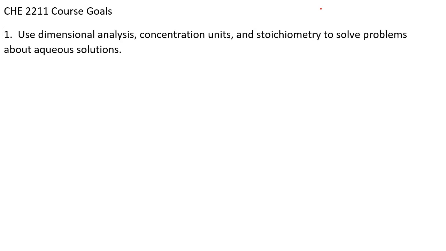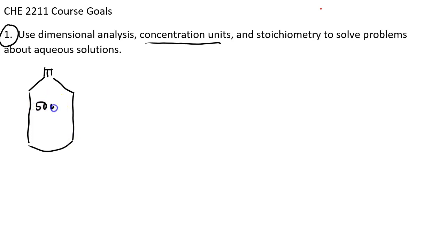Hi everyone, we're going to do another problem on weight percent, which again is related to our first course goal, especially because it is a concentration unit. Now, can you imagine having a stock solution that contained 50 weight percent sodium hydroxide, and the density of that solution was 1.53 grams per milliliter.